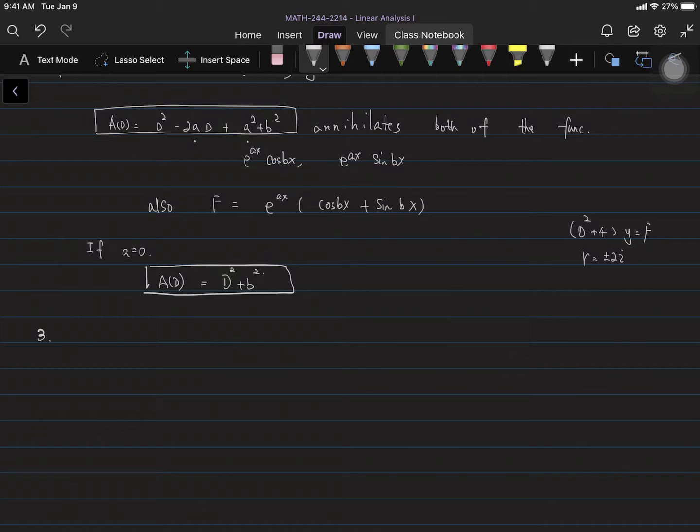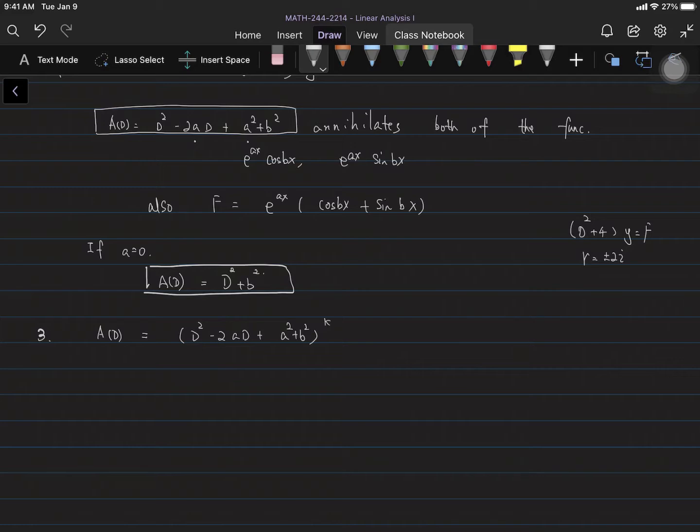More generally, if we have some power x to the k in front of e to the ax cosine bx and e to the ax sine bx, so AD equals what? D squared minus 2aD plus a squared plus b squared.